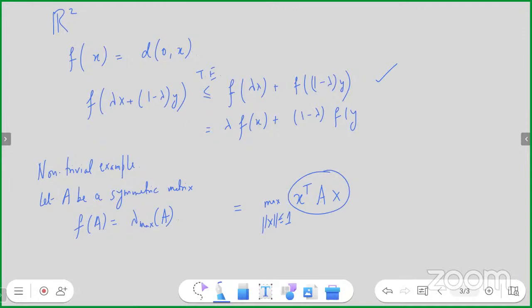Determinant is not convex, trace is. What about the minimum? You know a similar characterization for the minimum eigenvalue? It's not the minimum of this, because otherwise all the minimum eigenvalues would be zero. If I just simply move max to min, that shouldn't be correct.